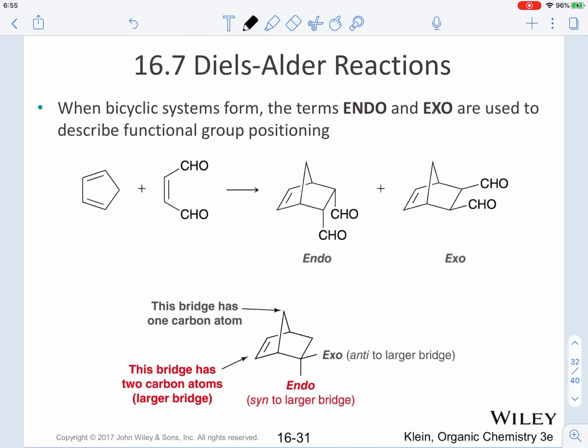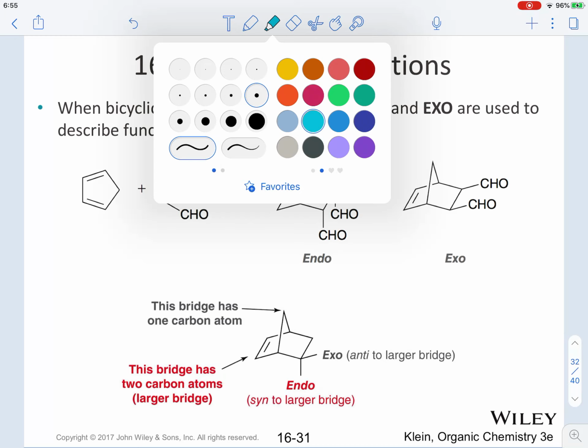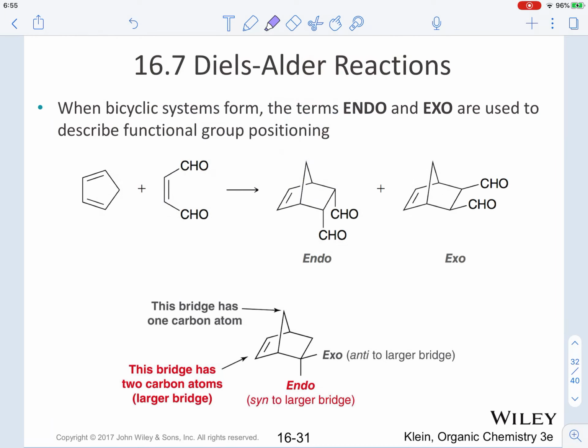Now, if we look at the bridge that has the two carbon atoms, because that is the larger bridge, when we look at the endo versus the exo, I want to illustrate it by highlighting the bonds. The endo product is going to be syn to the larger bridge. So you can see if we focus, they're both pointing down.